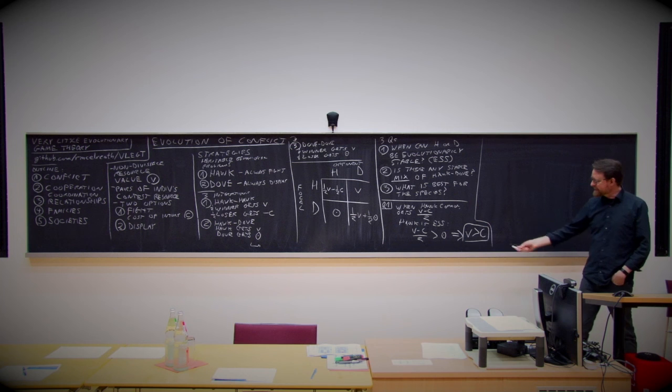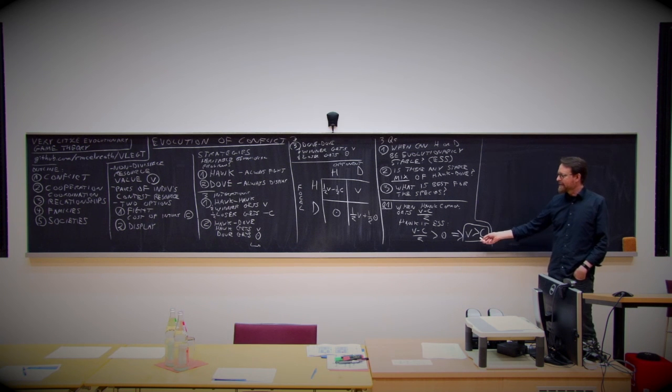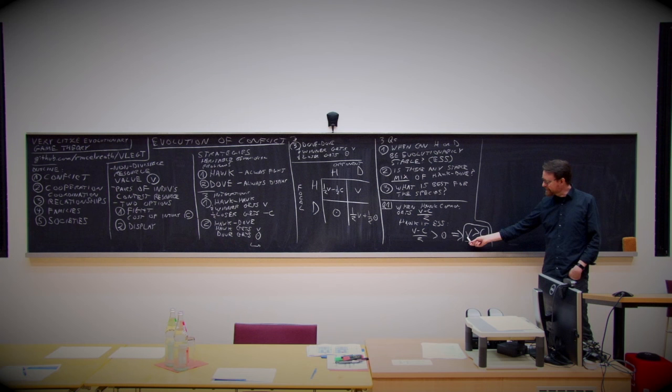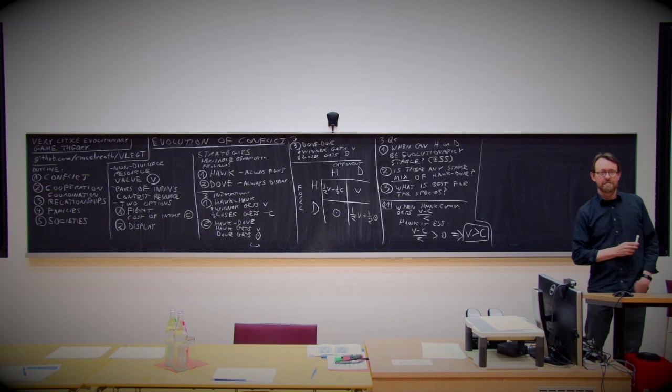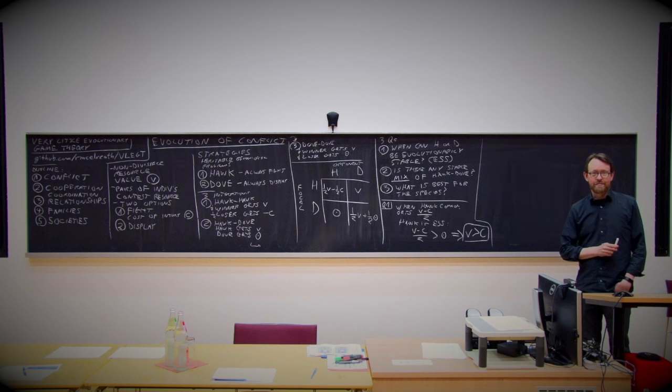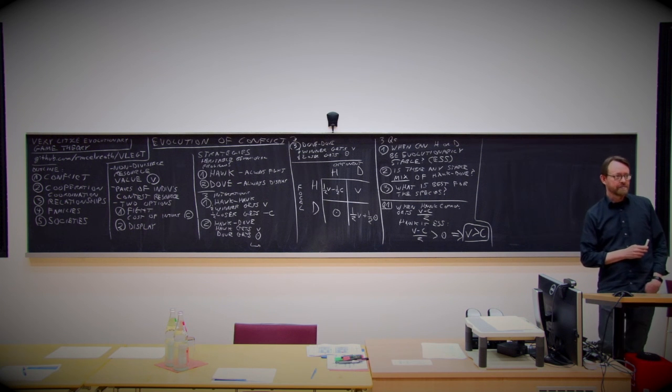Good. So, this is a condition. What this means is, hawk is not always evolutionarily stable. But if the value of the resource is larger than the cost of injury, it is. A rare dove cannot invade. Natural selection says it's worth fighting. It's not worth displaying in that circumstance. A rare dove can't invade.